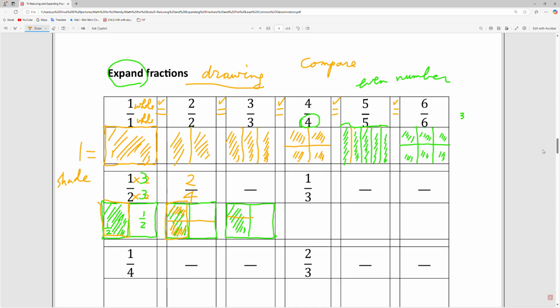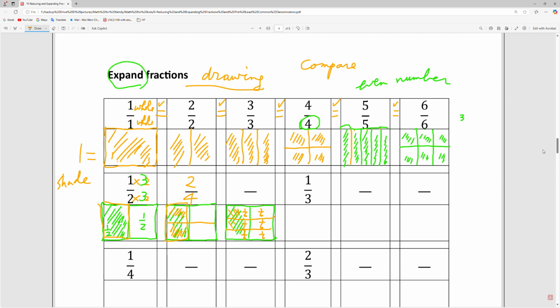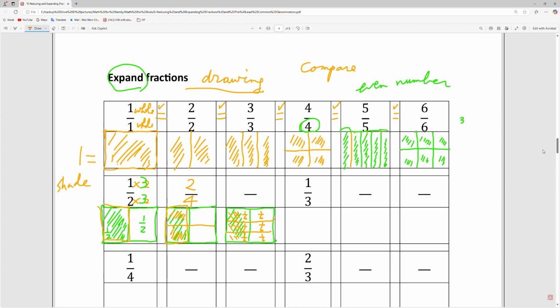So about here. So right now I have 1 over 6, 1 over 6, 1 over 6. And I would like to have 1, 2, 3. So it's 3 over 6. So I multiply by 3, multiply by 3, I have 3 over 6.